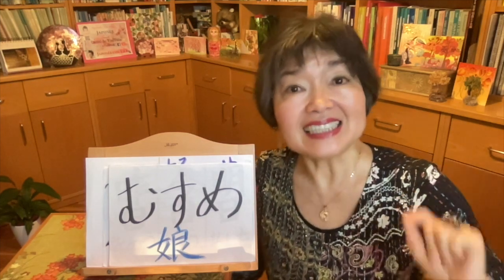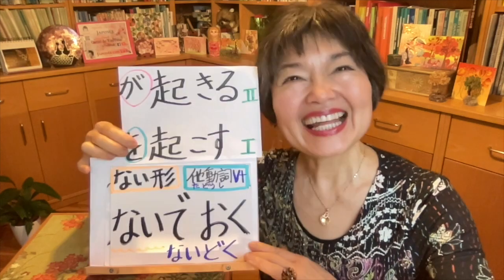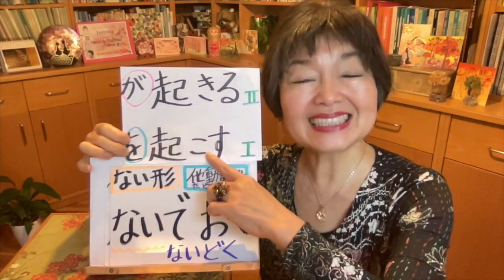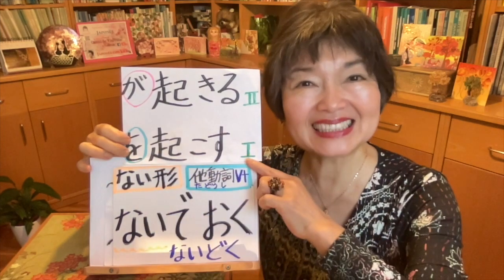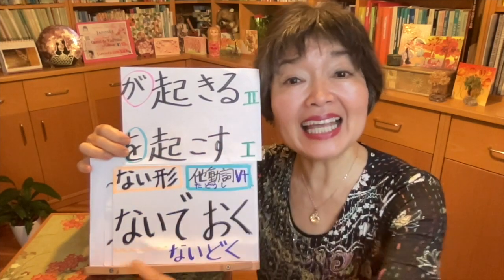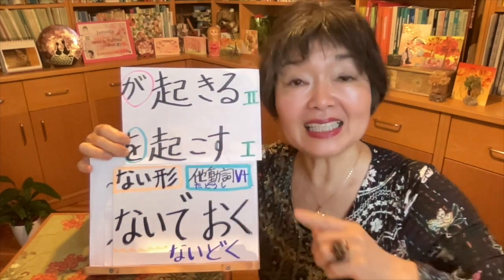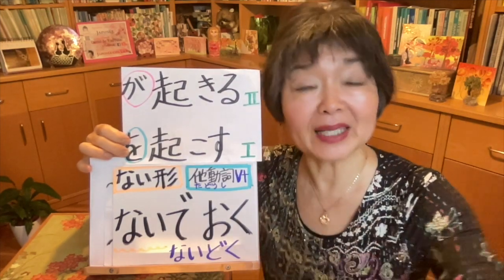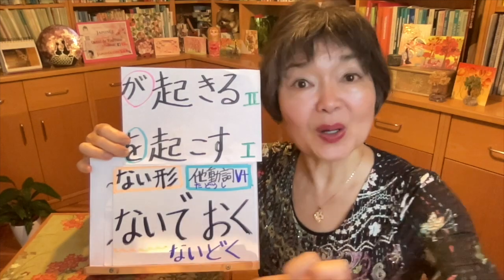My daughter was studying until very late at night yesterday, so let's not wake her up yet. The verb to wake someone up, 起こす, 起こします. And 起こさないでおきます means I don't wake her up, and this state continues.